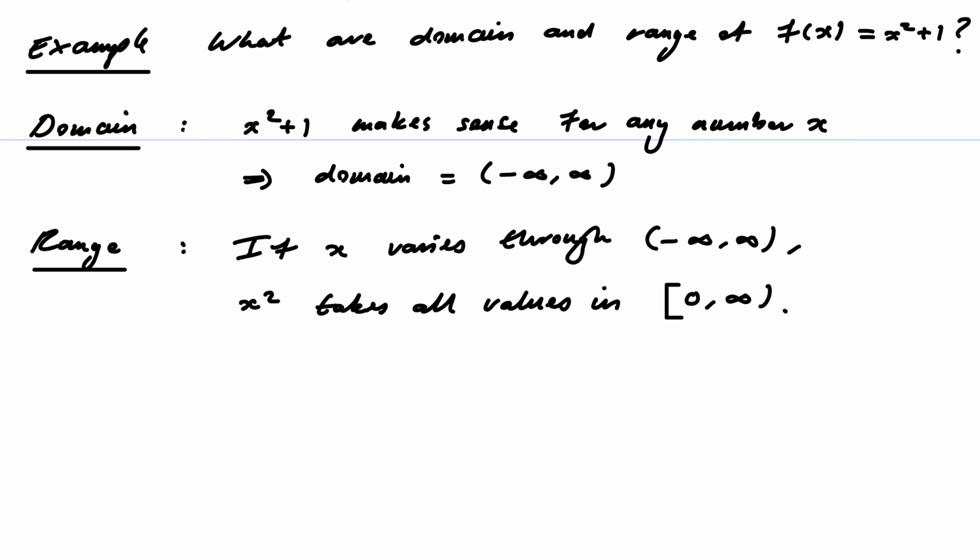But if I'm adding 1, what does that mean? Well, this would imply that the range of x squared plus 1, that function, equals what? It has to be this, but bumped up by 1, doesn't it? So I'm adding 1, so everything gets moved up.